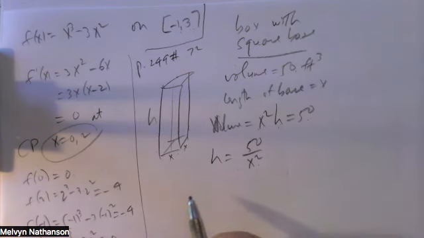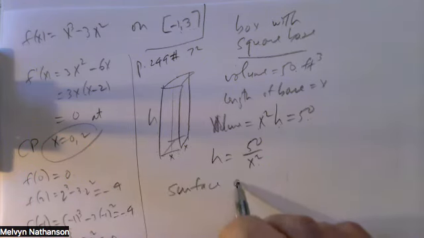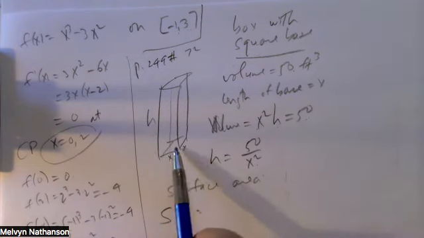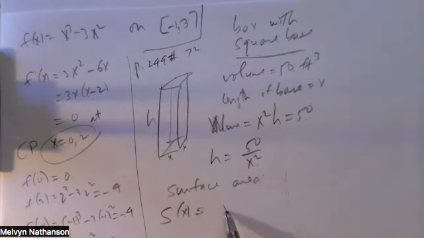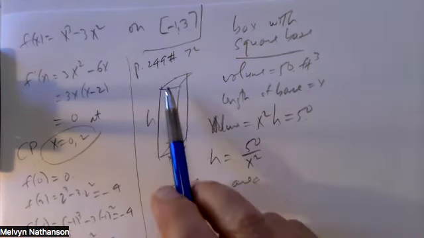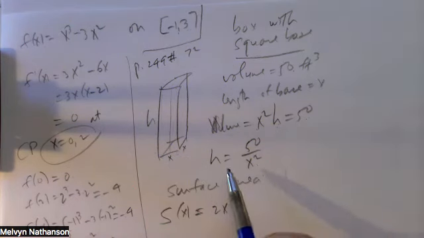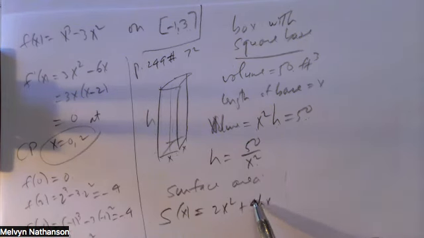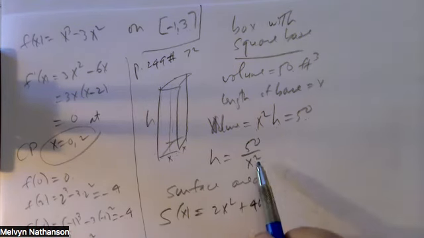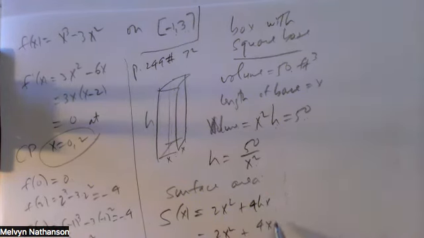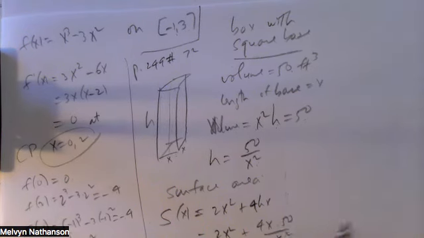So now what is the surface area of the box? It depends on x. The base has area x squared. The top has area x squared, so we have 2x squared. The side is a rectangle, area hx, and there are 4 of them. But h is 50 over x squared, so this is 2x squared plus 4x times 50 over x squared.